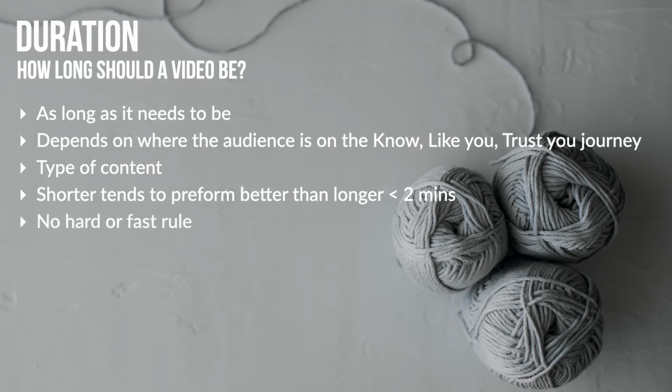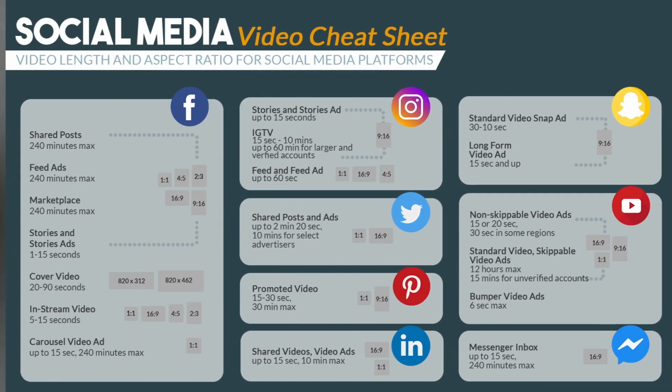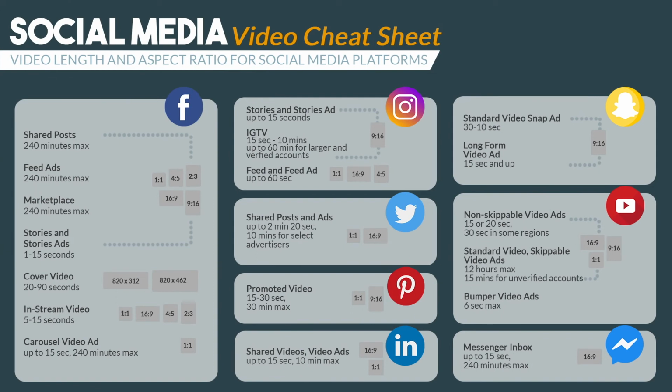But obviously, there's no hard and fast rule when it comes to duration. It does depend a little bit on platform limitations. And I do have this social media video cheat sheet that I will put a link to, that you can download in this module here, just so you can look through it, depending on which platform you're doing.